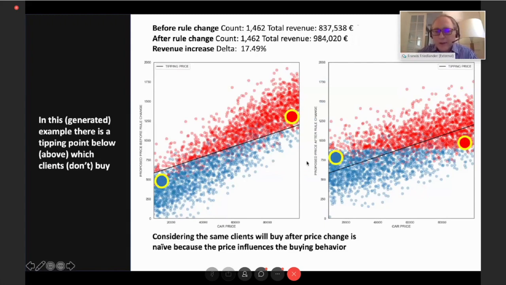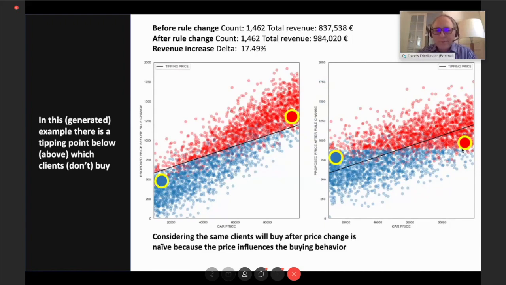So this line is like a tipping point above which the clients do not buy. So probably this client is not going to accept. So you should not include this one in the revenue. And the other way around, if you look at this red, he refused, but with the new pricing policy, maybe he will accept, right? So this would be also a naive approach. In the same way, if you multiply all your prices by 2 and you run a naive simulation, it will tell you, excellent, I doubled my revenue.